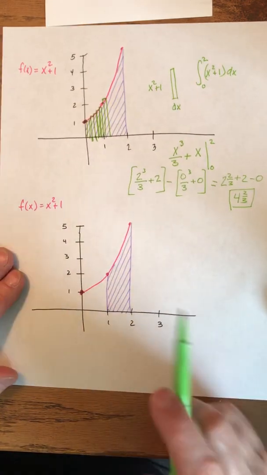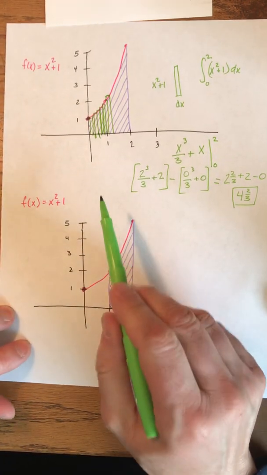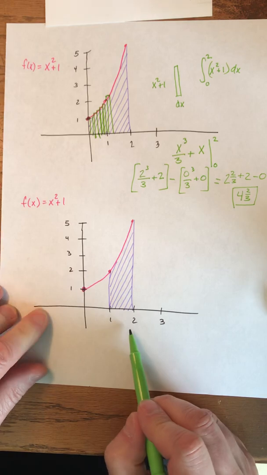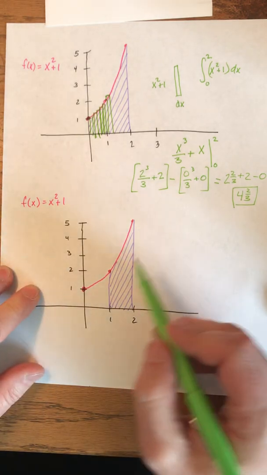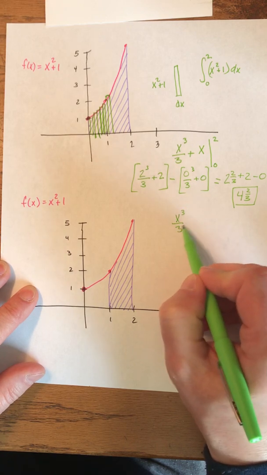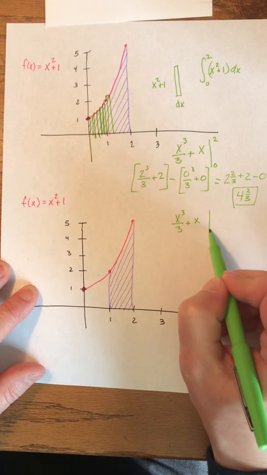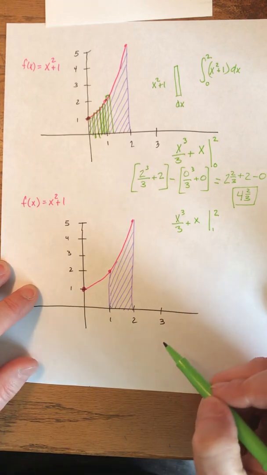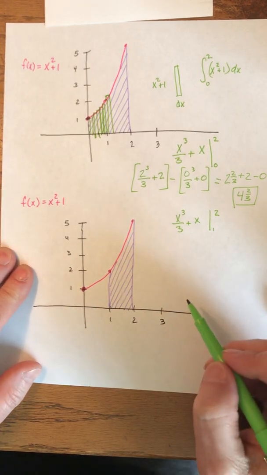If we did this one and we didn't want the area in between 0 and 2, but we want it between 1 and 2, if you think about it, the process would be the same. The antiderivative would be the same. But we're going to go between 1 and 2 rather than 0 and 2.